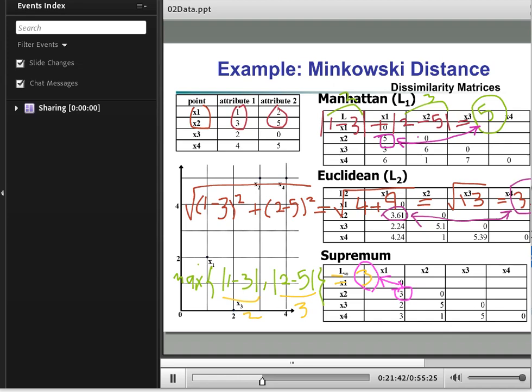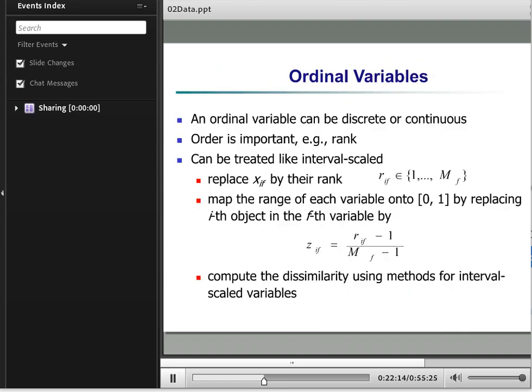Was this example clear, or should I give another example? Enough? Okay.